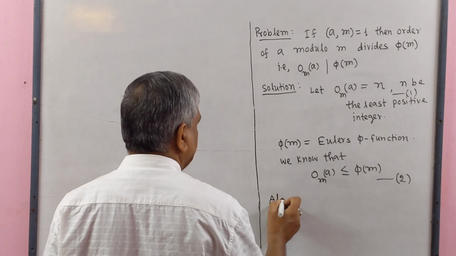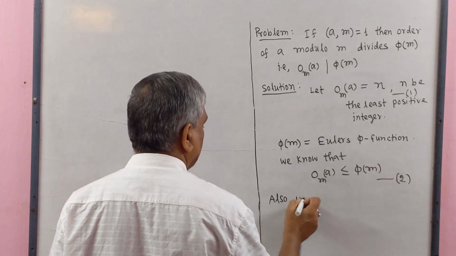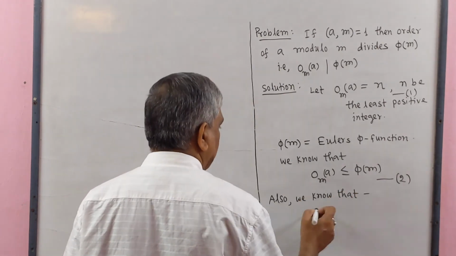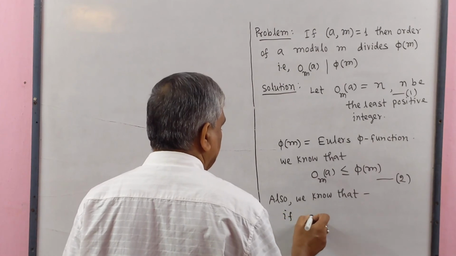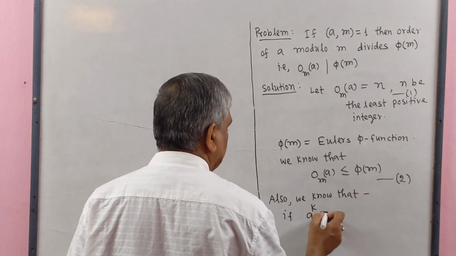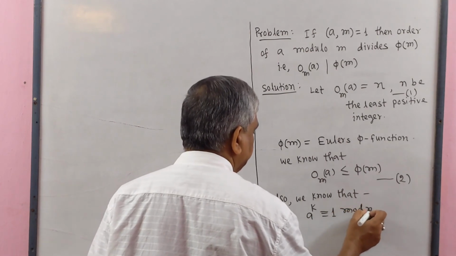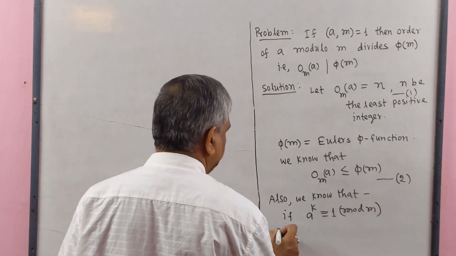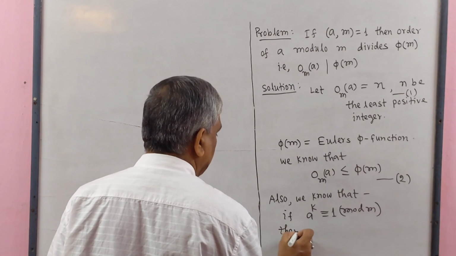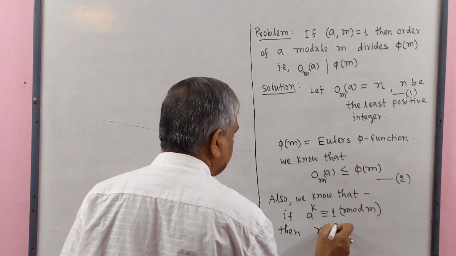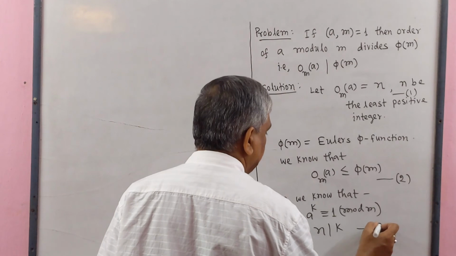Also we know that if A to the power K is congruent to 1 modulo M, then N divides K. This is number 3.